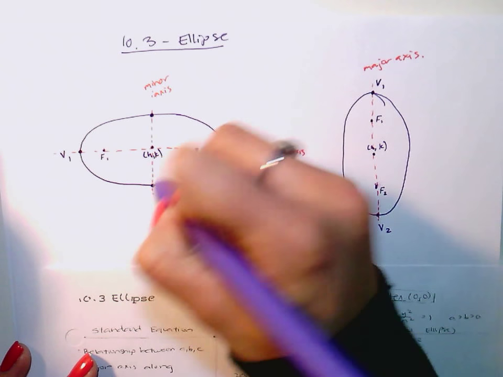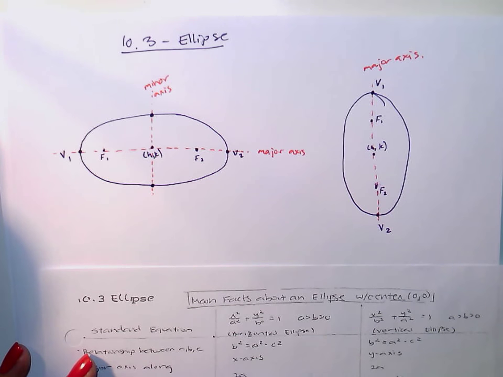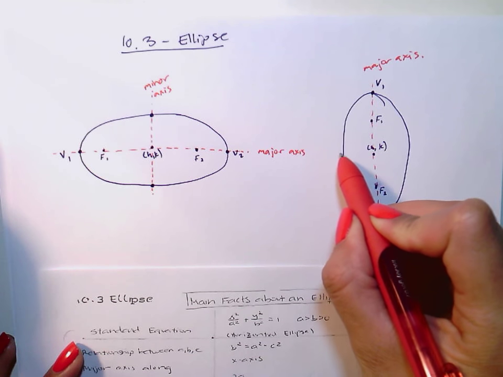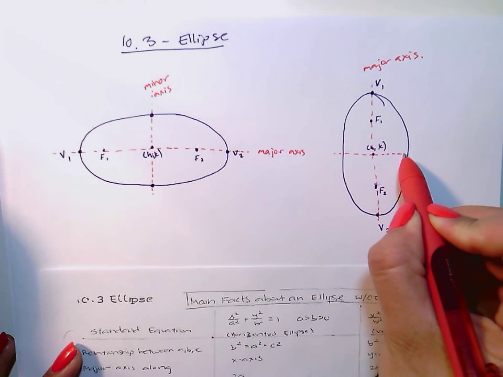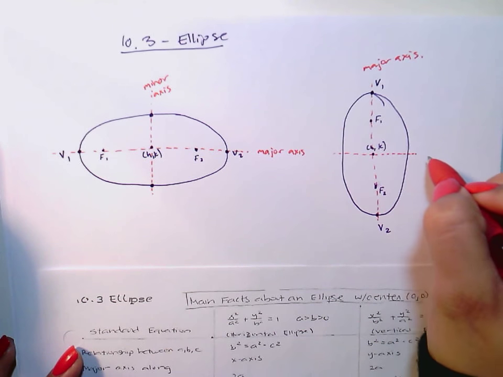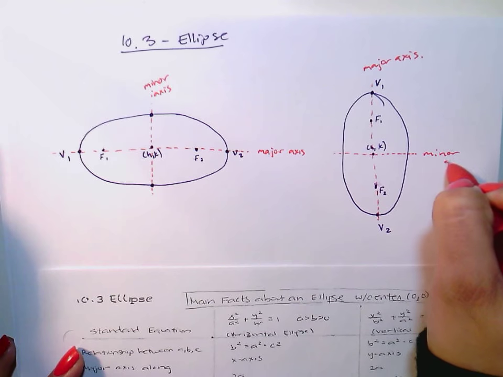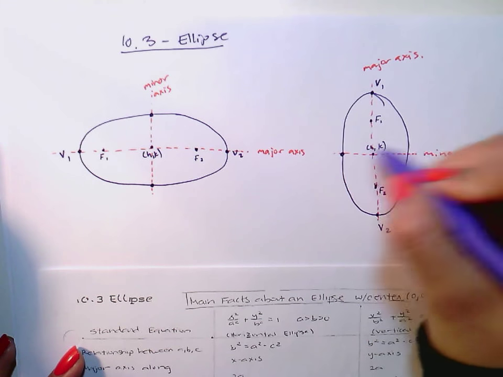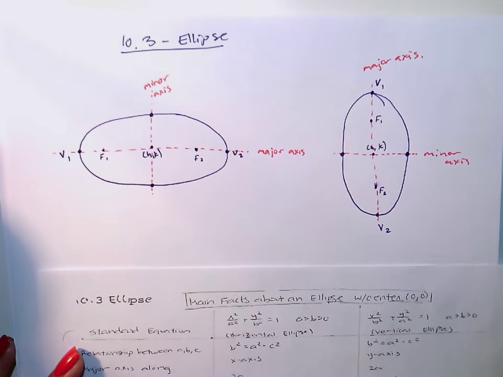We're going to give them actual names in a second. And for the other one, the one that's longer vertically, the minor axis is going to be the horizontal one. Again, it goes perpendicular to the major axis. So this one's the minor axis. And then we have two points on the ellipse that are on the minor axis.